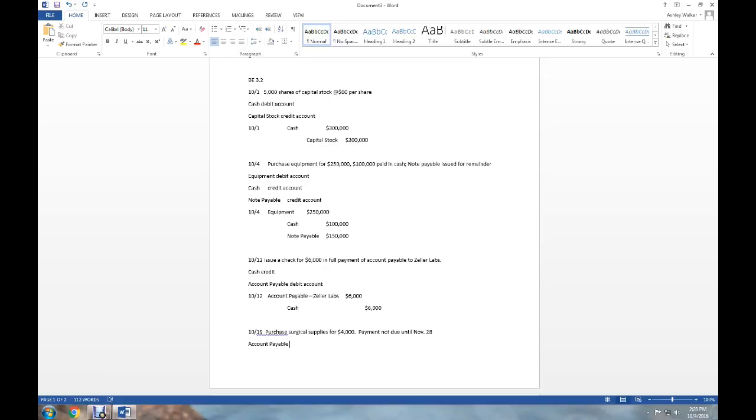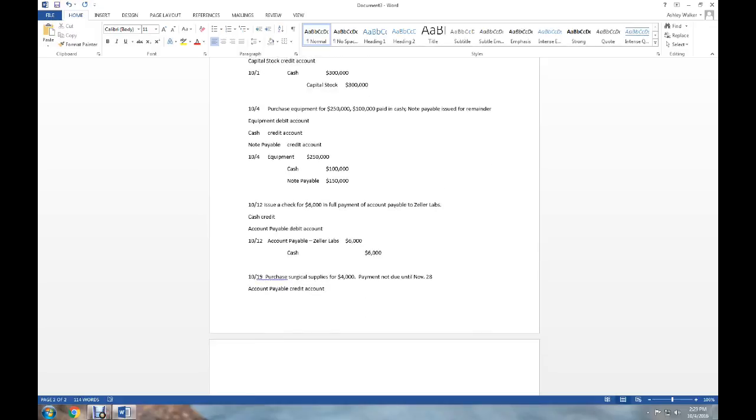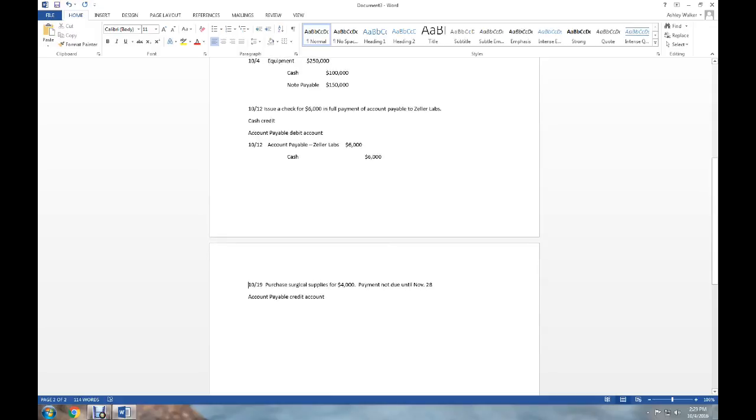And it's going to be for $4,000, and we're increasing an account payable, so that's going to be our credit account. Let's move this down a little bit so it's a little clearer. Surgical supplies is our other account that we're going to be affecting. Surgical supplies are an asset. We're increasing an asset, so that's going to be our debit account.